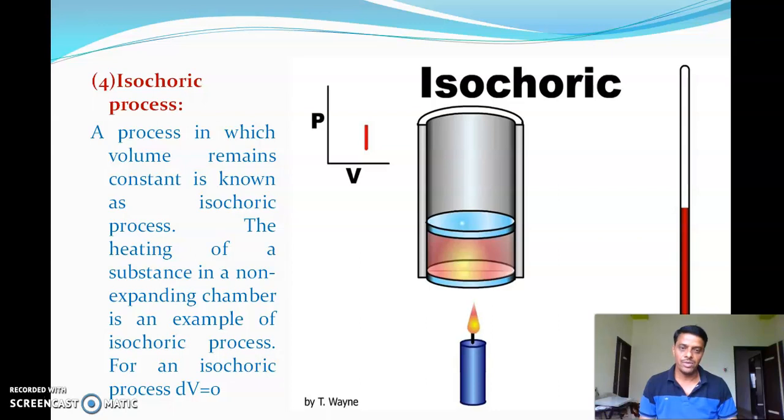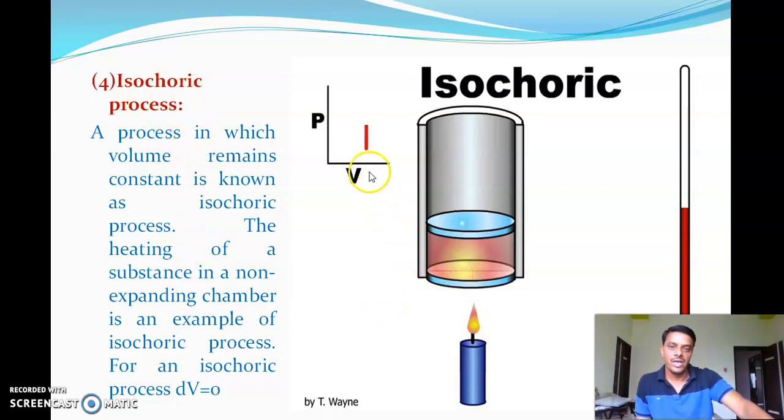If we heat any gas, then its volume increases, but here we are carrying out this process in such a chamber which does not allow the gas to change its volume. In such a chamber, if we carry out the reaction by heating the gas, the volume does not change throughout the process. That is why this process is called isochoric process.